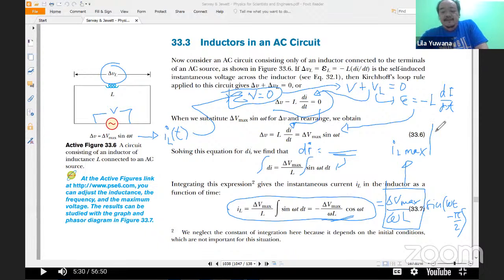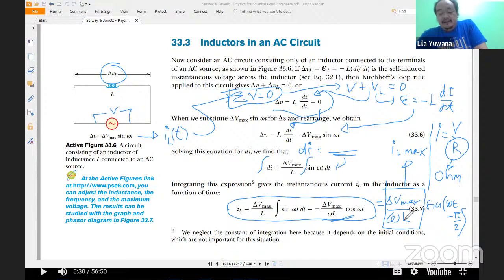And we have to take the analogy of this from the law of Ohm, from this expression V over R. So this one must have the unit of Ohm.